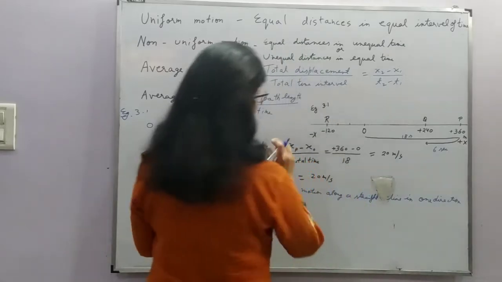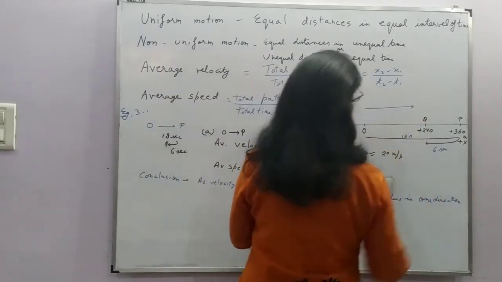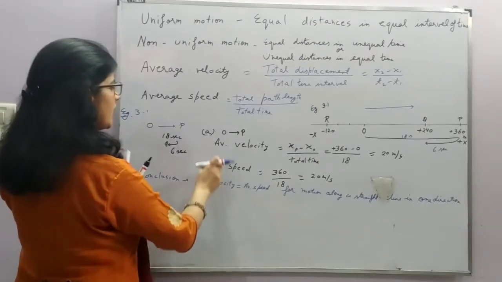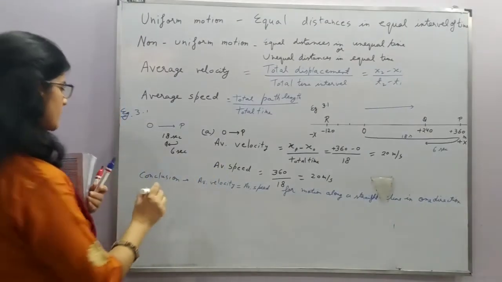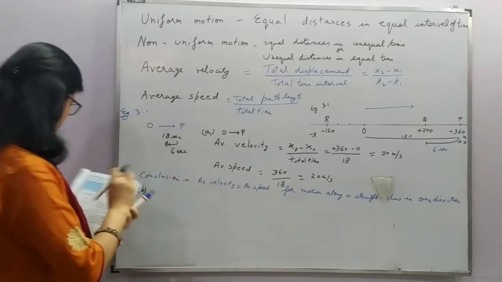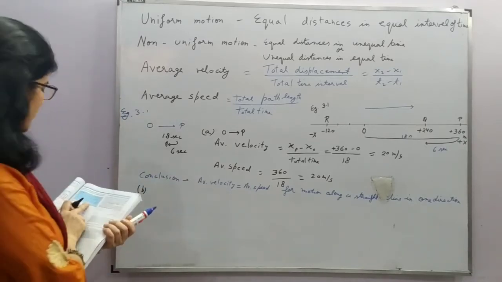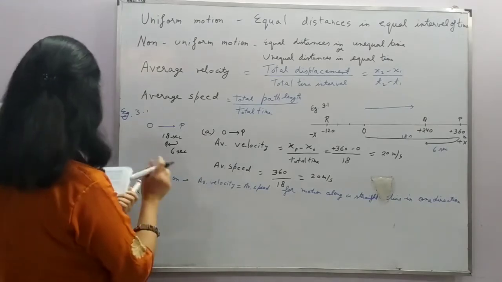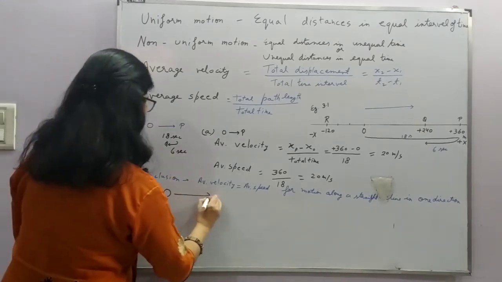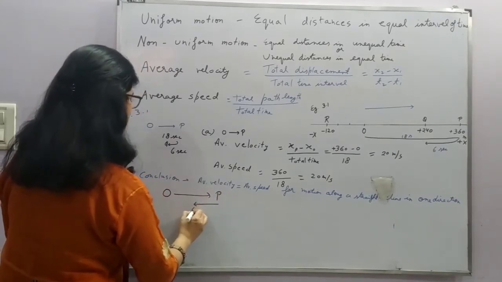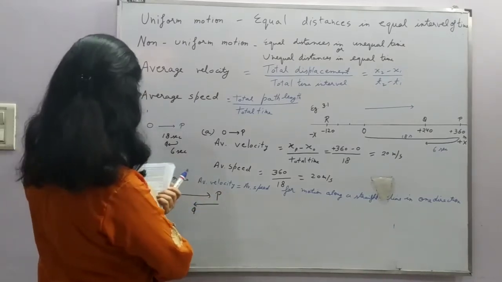In both the cases the body is moving this way only. That's why the average velocity and average speed are the same. So let's consider the second case of this example. Now here you have to calculate again average velocity and average speed in moving from O to P and P to Q.